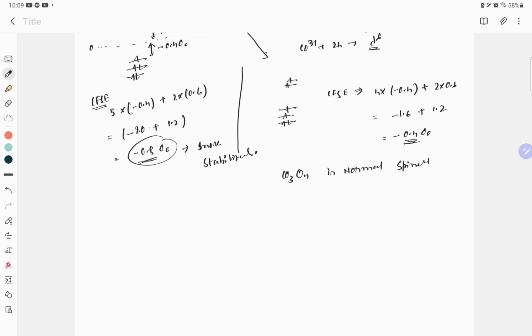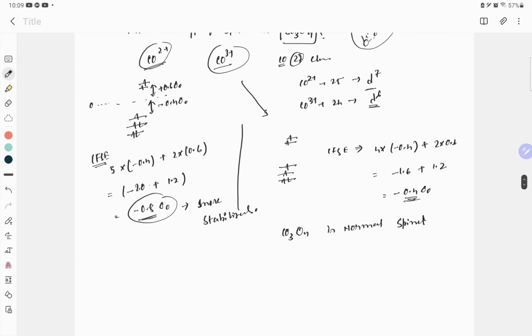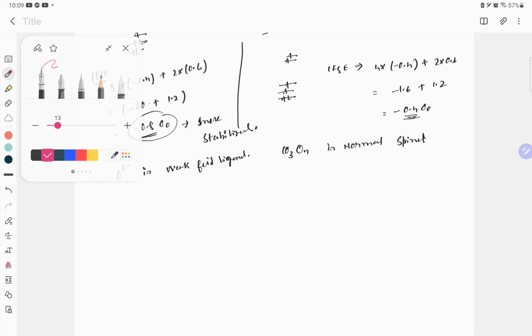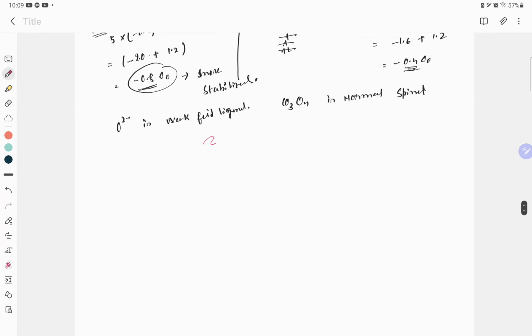So why is it? We read that O2 minus is a weak field ligand. But there is an exceptional case for Co3 plus.